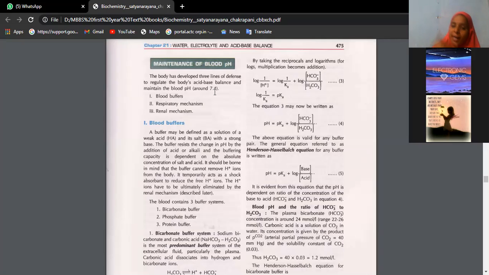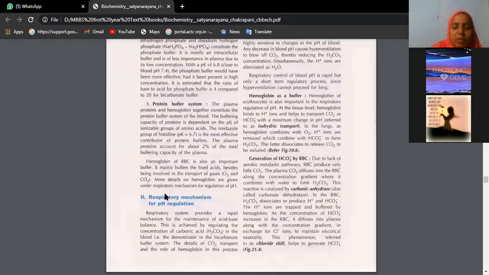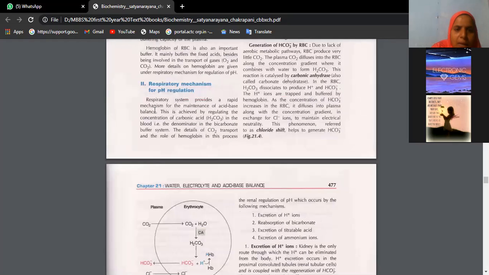That means rate and depth of respiration will increase, because of which carbon dioxide will be washed out. Carbon dioxide in the blood combines with water to form carbonic acid, increasing acidity. To avoid this, our body washes it out, and the lungs play a major role in washing out carbon dioxide. That's how the respiratory mechanism regulates pH.